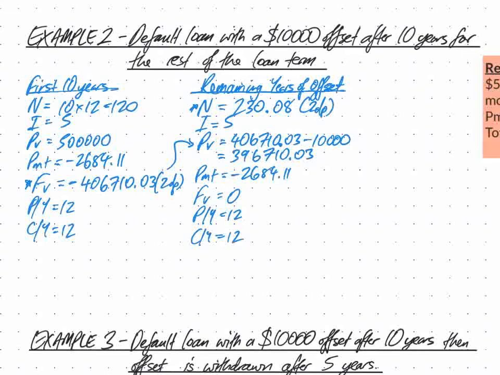And so now I have 2 chunks of interest that I need to calculate.